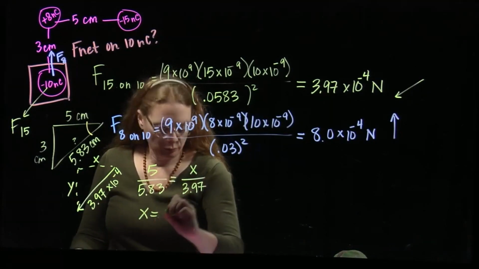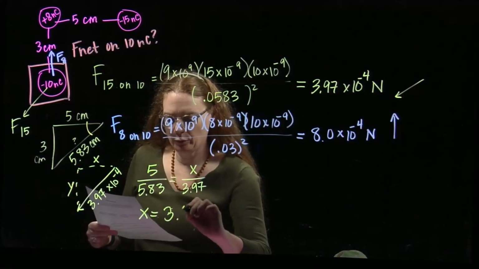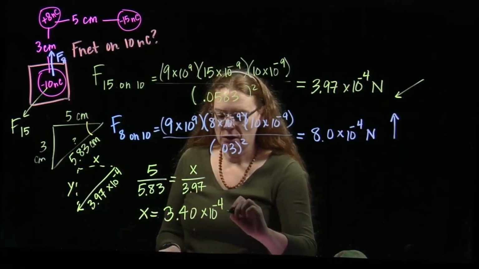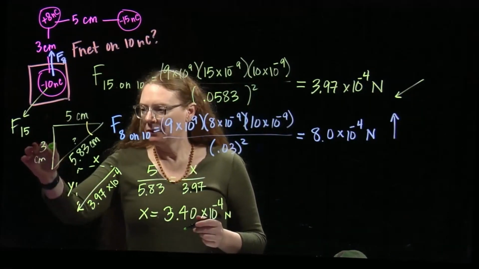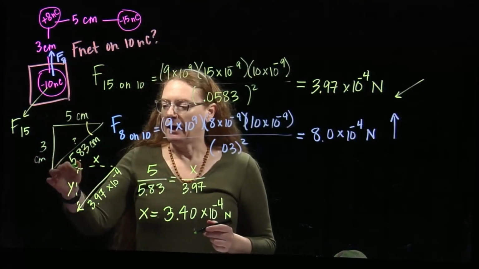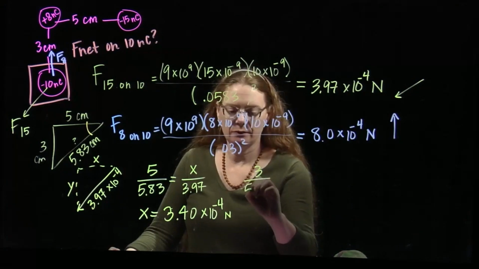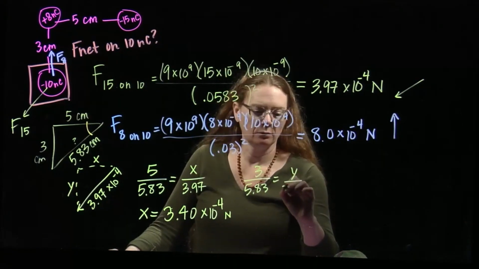If we do that, we get an x value of 3.40 times 10 to the minus 4. And same thing with the y component: 3 is to 5.83 as y is to 3.97.